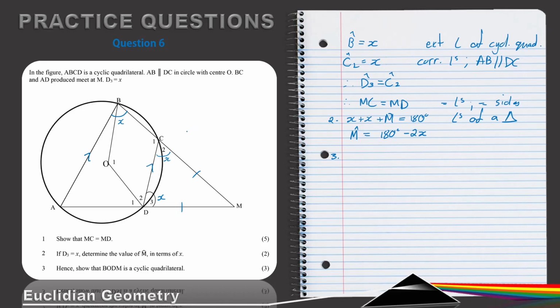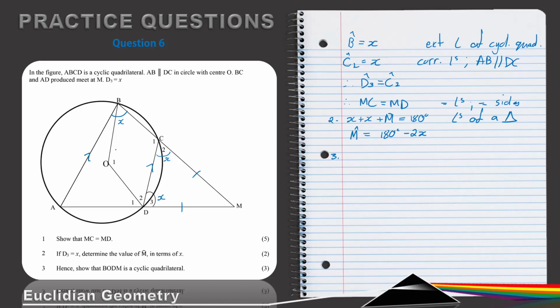Okay, so this actually leaves us with what I think is going to be the easiest, because we just found M in terms of x. Let's see if we can find O1 in terms of x, and then if we add these two up, will it give us 180? Because if it does, then we've proven it, and obviously, since we are asked to show that it is a cyclic quad, the chances are good it's going to add up to 180.